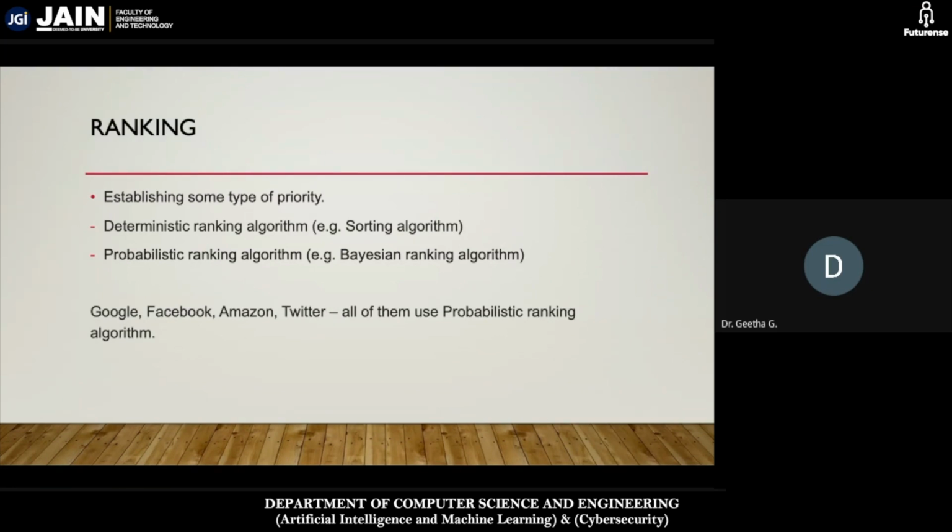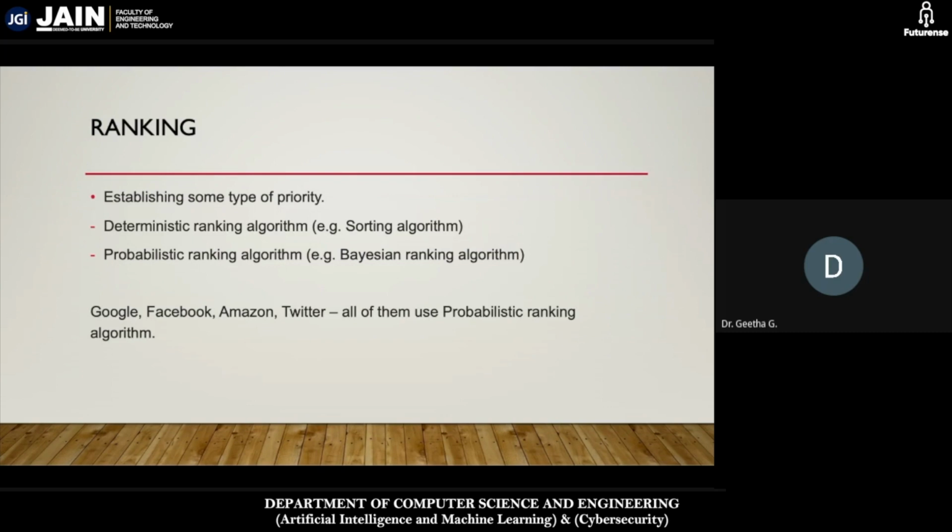We also rank the students in the class based on your performance in the test. Some type of priority, that we call ranking. When I say ranking, there are 2 ways of doing it. One is a deterministic ranking algorithm or a probabilistic ranking algorithm.